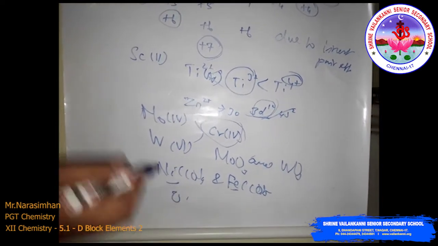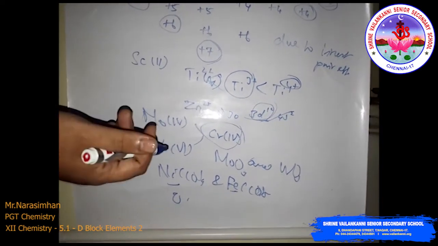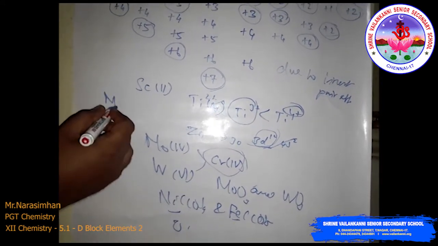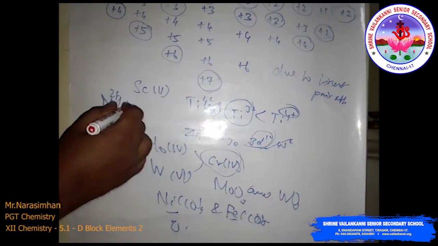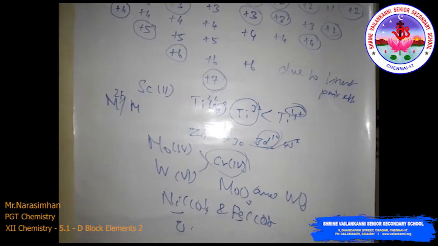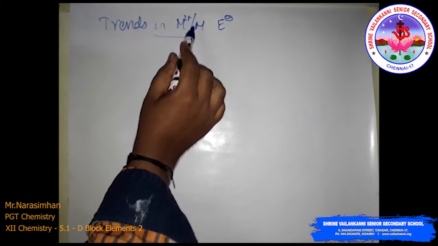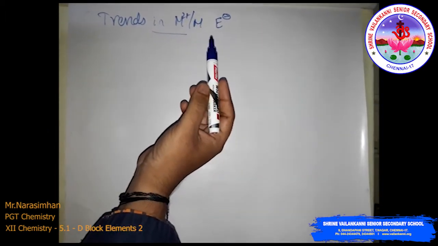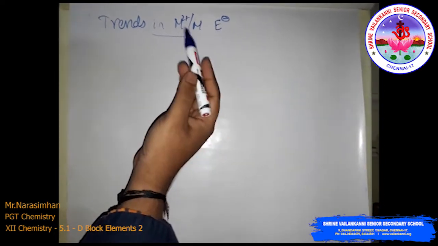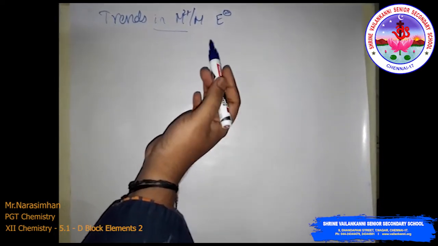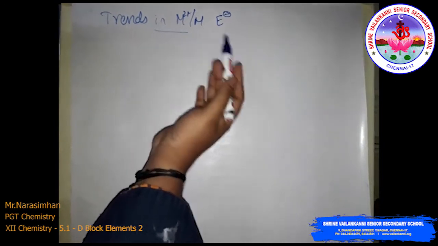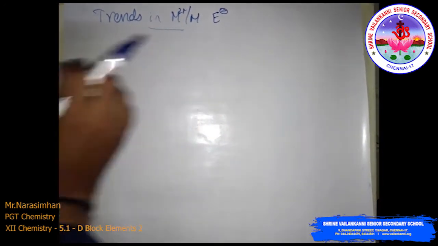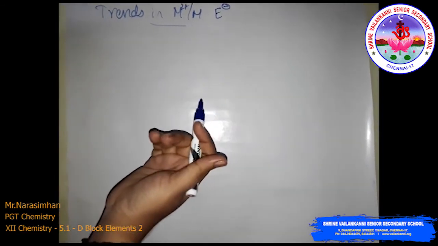Next is trends in the electrode potential of metal 2+ to metal solid. These are the thermochemical parameters related to the transformation of solid metal atoms to metal 2+ ions in aqueous solution, in their standard electrode potential.